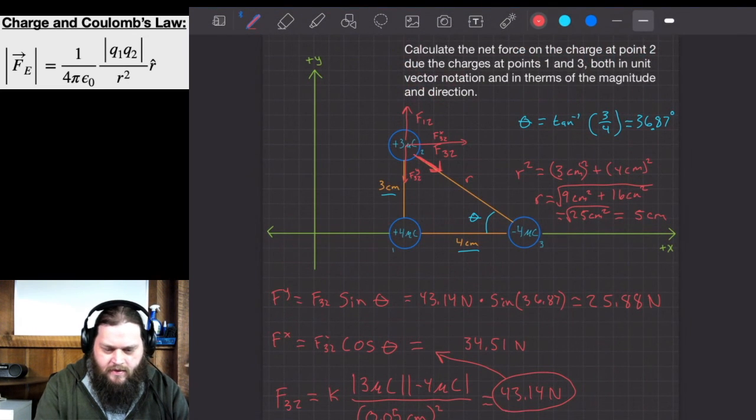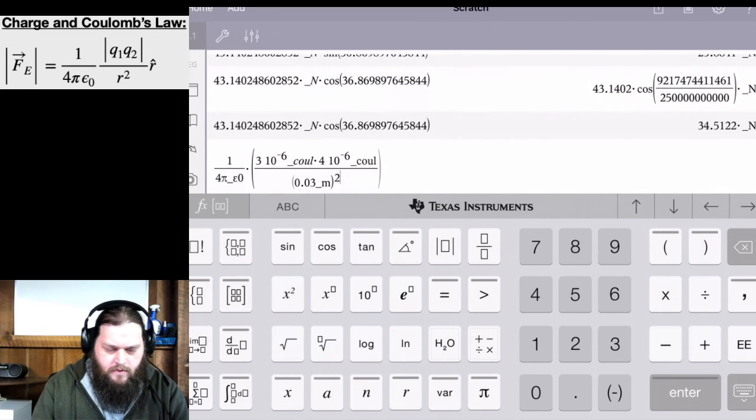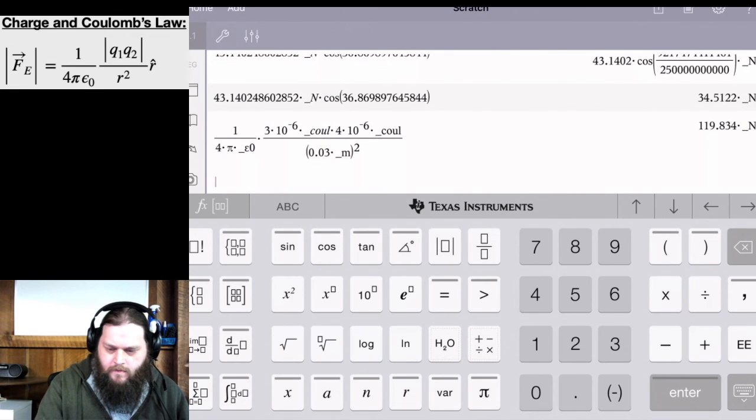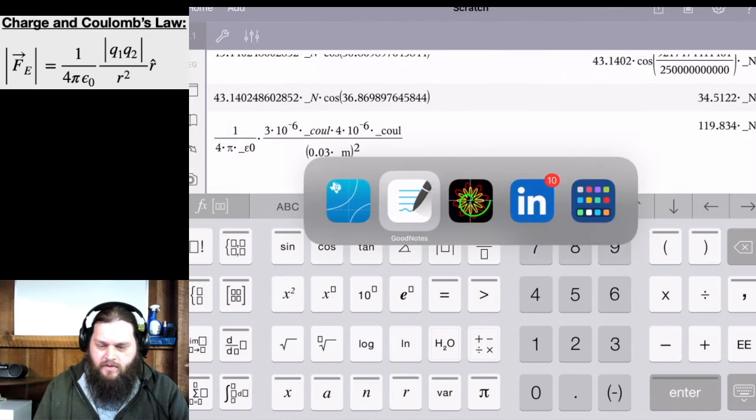Make sure I got these right, 3 and 4. The distance is 3 centimeters, 0.03 meters, squared. It's 119.83 newtons.